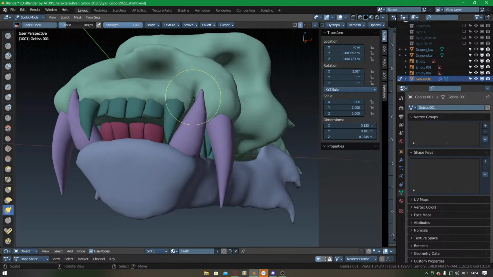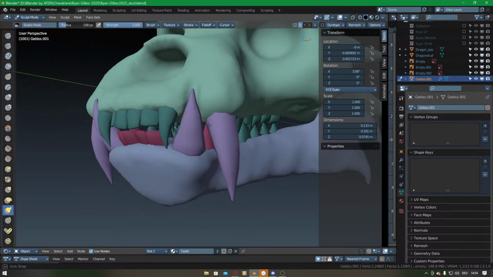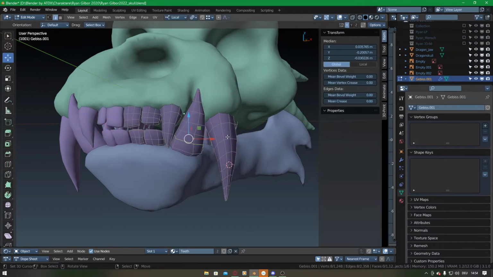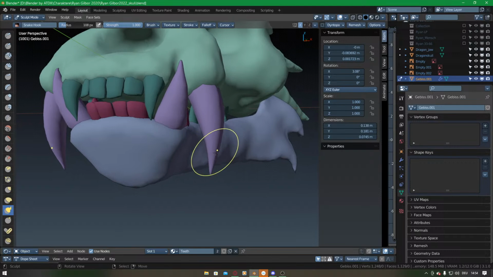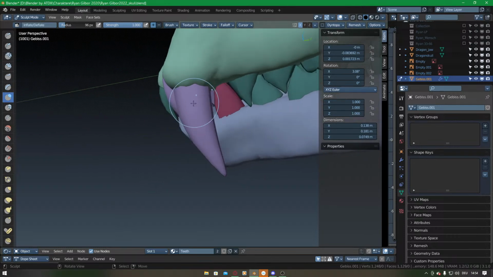That guy opens his mouth, you're terrified. So something that I didn't like is that there we go, that his tooth was not bulky enough.